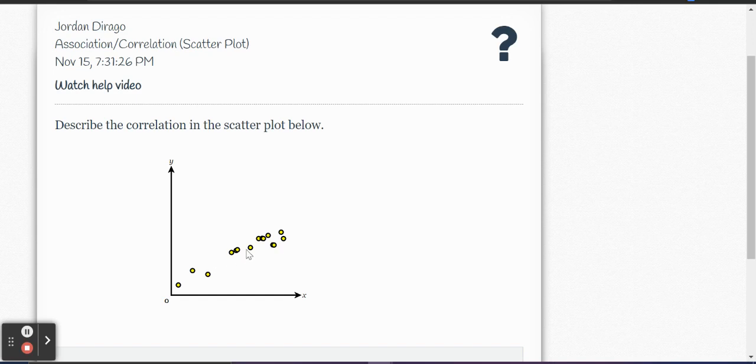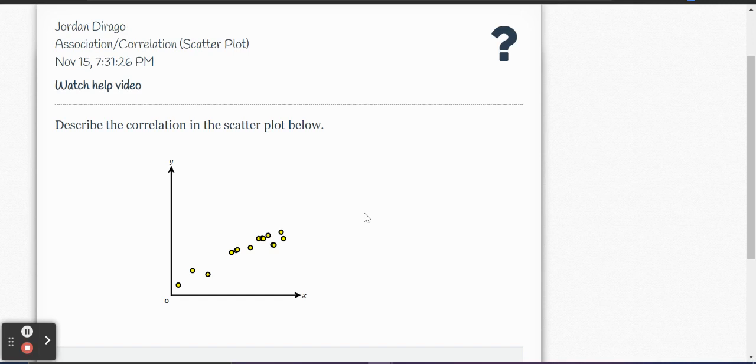So when we take a look at this data set, we see it makes a trend upward, right? You read a graph from left to right. So it looks like it's going up, and it looks like it's pretty clustered around a line. If I drew a line of best fit, all these points would be pretty close to it. So this correlation would be a positive and pretty strong relationship because all the points are clustered together around a line.